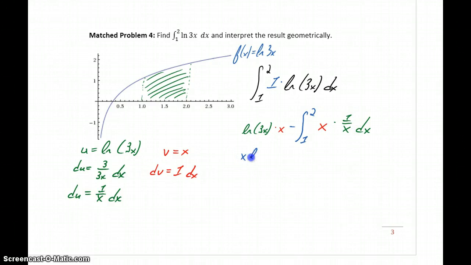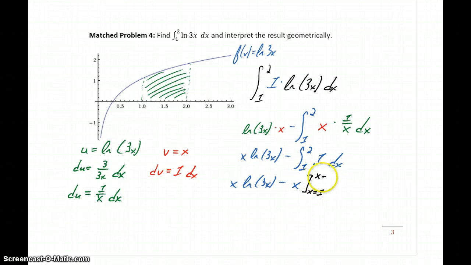So this is x times the natural log of 3x minus the integral from 1 to 2 of x over x, which is just going to be 1 dx. So this is x times the natural log of 3x minus the integral of 1, which will be x, evaluated from x equals 1 to x equals 2.